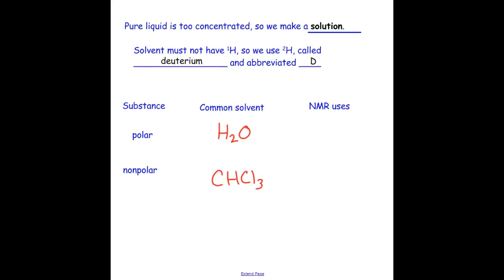We don't want the hydrogen from the solvent to interfere with the hydrogen from the solute. So our solvent would be D2O, deuterium instead of hydrogen, or heavy water. And for our nonpolar or less polar solvent, we would use deuterated chloroform, CDCl3.